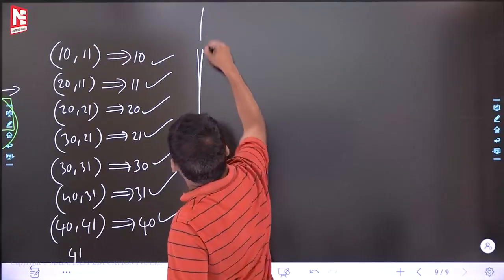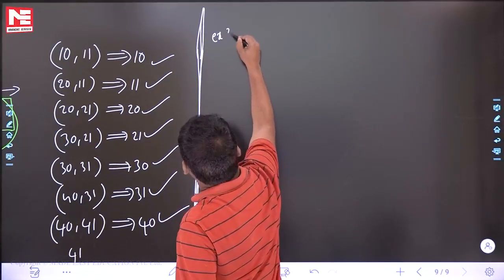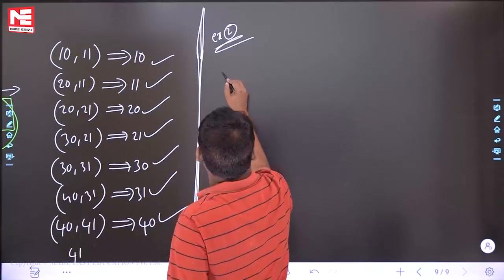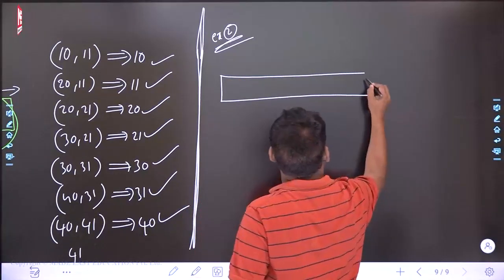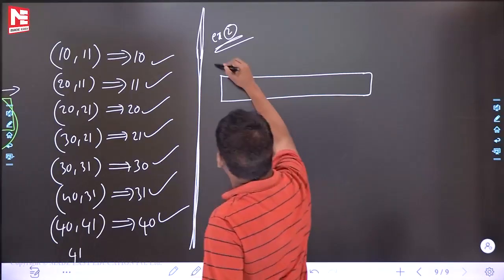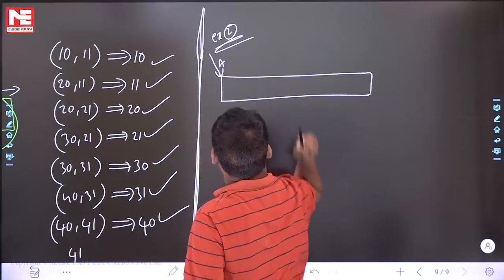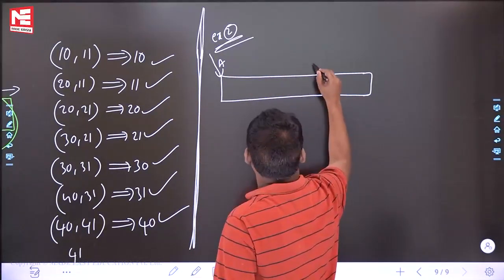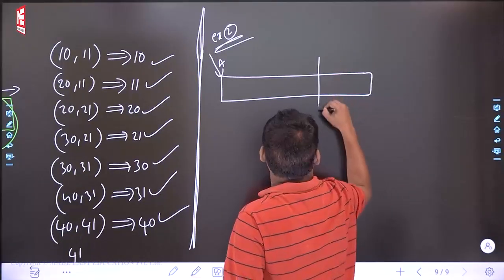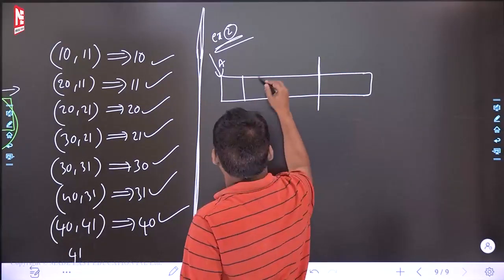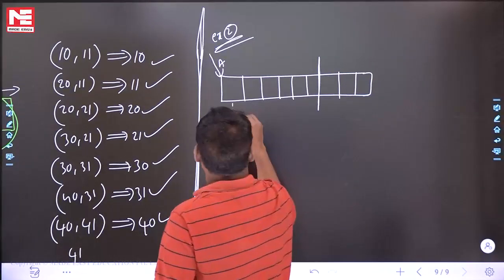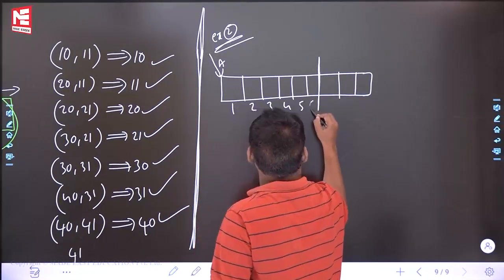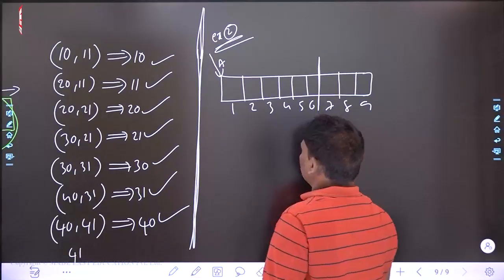Merge algorithm, example 2. So, array name is A. One, two, three, 4, 5, 6, 7, 8, 9, nine elements I took.